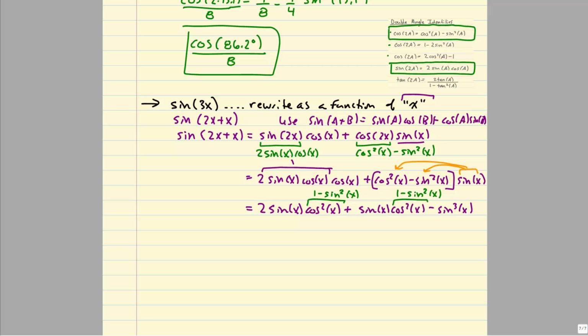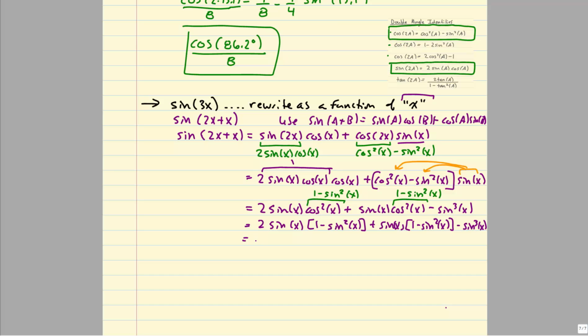Okay, so let's rewrite there. I have 2 sine of x times 1 minus sine squared of x. You need to make sure you put the brackets, because without the brackets it won't distribute correctly. Plus sine of x times 1 minus sine squared of x, minus sine cubed of x.